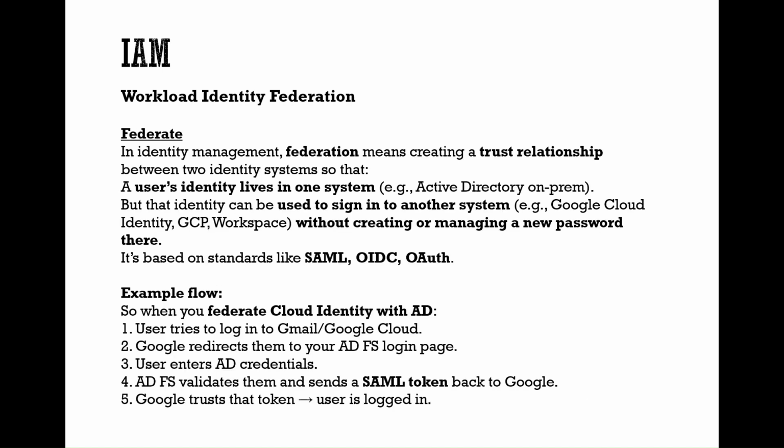Now the third thing is federate. This term federate is nothing but a relationship that is built between an Active Directory and your authentication system. Let's take it this way: a user is on one system, here in the Active Directory on-prem, but the identity can be used to sign into another system, that is GCP here, without creating or managing a new password in the GCP.